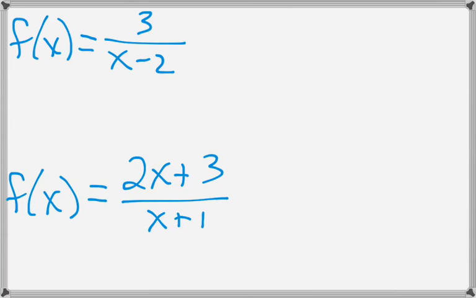So let's look at a few examples here. So the degree, remember, is the exponent on the highest powered term. So for example here, if we look at this denominator of x minus 2, the highest exponent that we see on the variable is 1, because we have x to the first. So that denominator has a degree of 1.